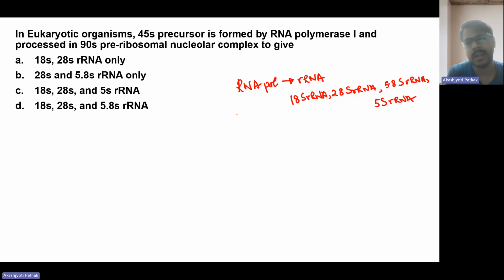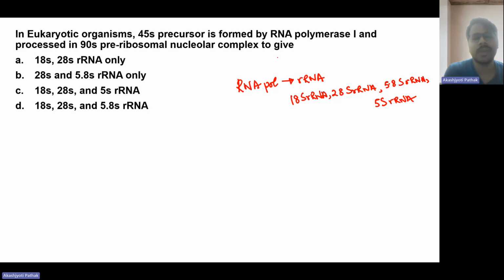There are rRNAs which constitute the larger subunit of the ribosome, and rRNAs which constitute the smaller subunit of the ribosome. So in this question, what is asked is the 45S precursor.